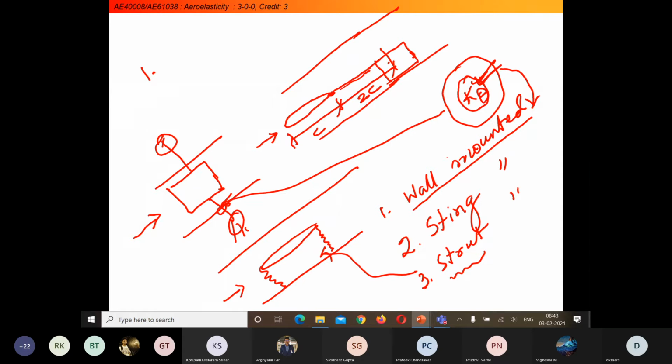Actually, I'll be taking a 2 degree of freedom system, because I have to take one angle of attack and the control surface deflection as another degree of freedom. So we'll be considering a 2 degree of freedom system with an internal model. So let me go to that.